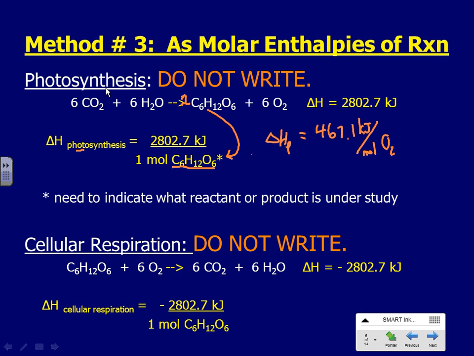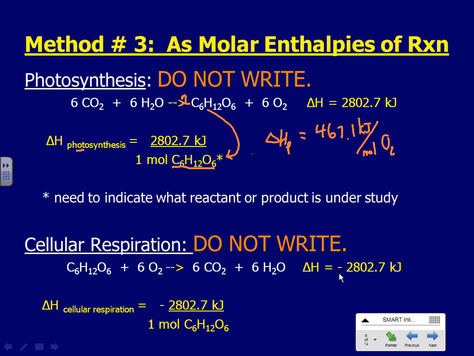So I could represent it as different reactants or products, but I might have to do a little bit of math for the ones that do not have a coefficient of 1. If they have a coefficient of 1, then the molar enthalpy is the same as the regular enthalpy divided by 1. All right? So same thing for respiration.